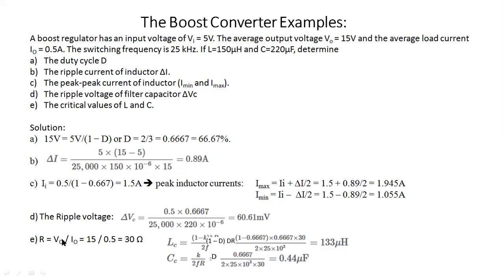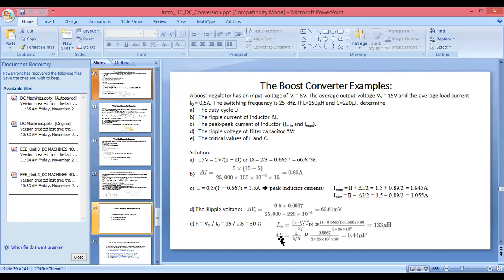So you can calculate it. We have the value for output voltage, and we have the output current, which is given here as 0.5 ampere. So you can take output voltage and output current, and you will get the value for the load resistance. After that, we can use our formula for LC and CC, and you will get the answer.